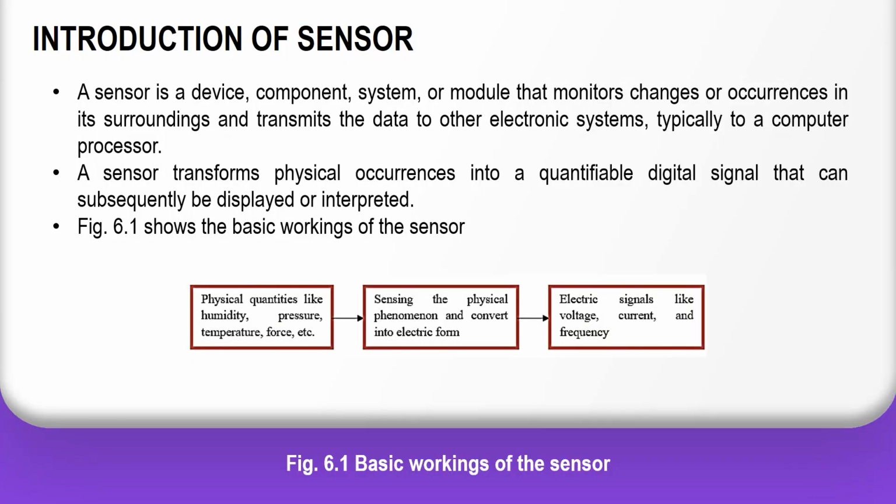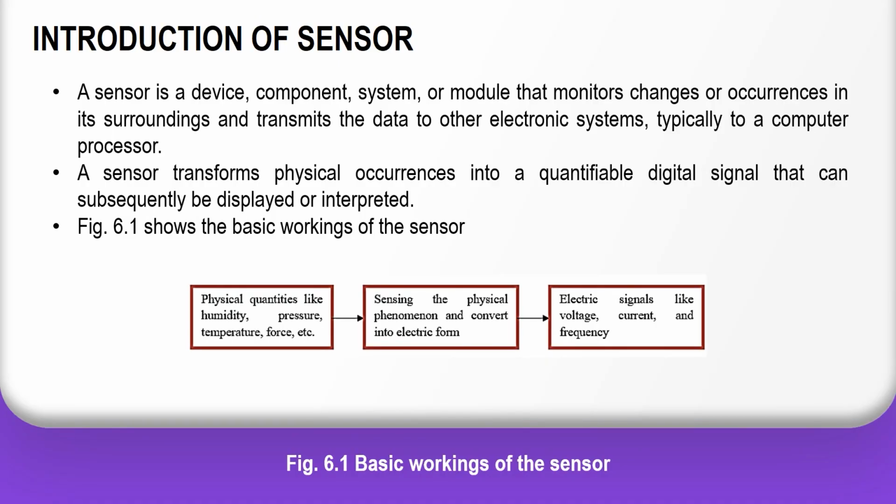So these physical quantities are sensed, and the sensing of these physical phenomena converts them into electrical signals, maybe in the form of a small voltage signal or current. Then these electrical signals like voltage, current, and frequency, we are going to interpret to understand the various physical occurrences of the system. So that is the basic idea of developing this type of sensor.